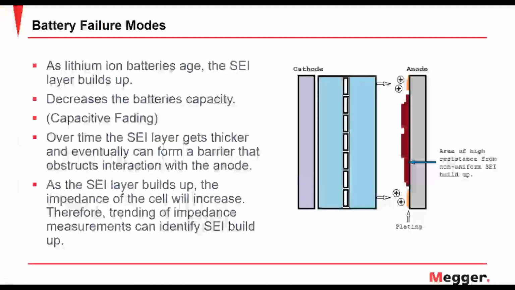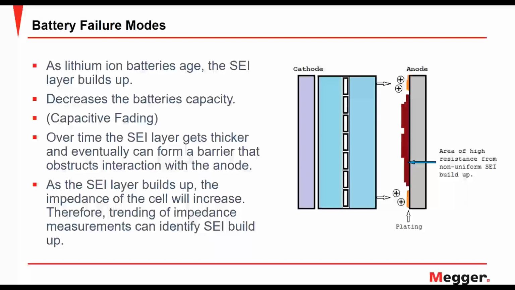Moving forward to lithium ion batteries, they have an aging process called SEI layer build-up. SEI stands for solid electrolyte interface, and it basically decreases the capacity of this battery.